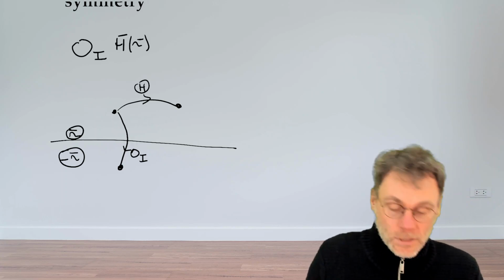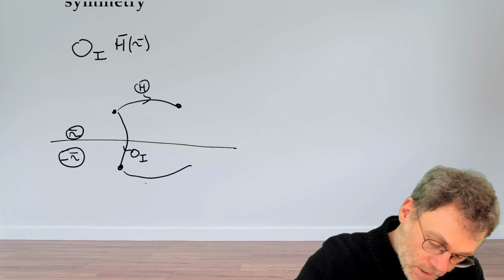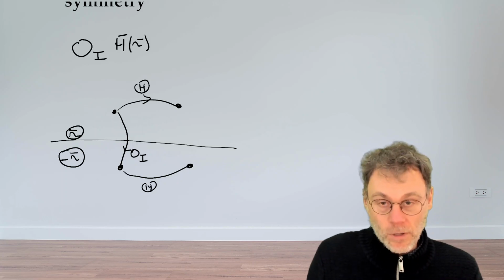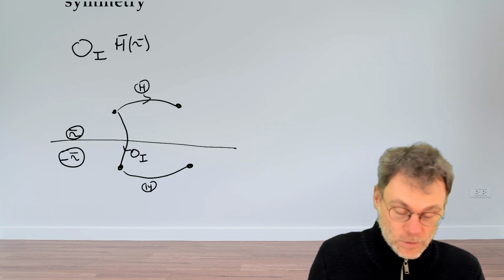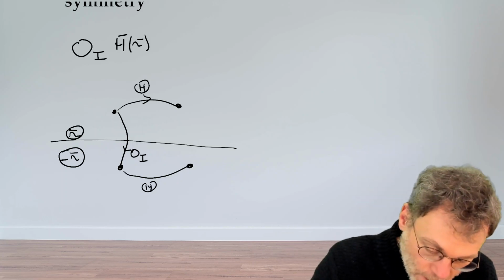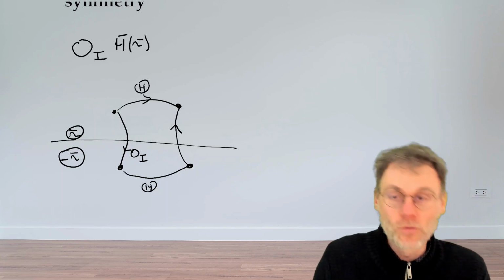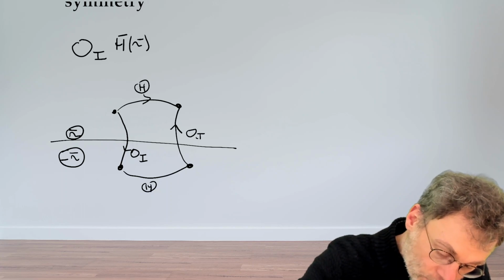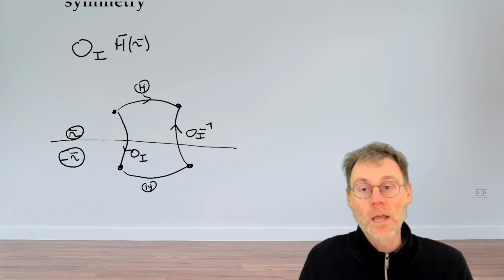And then we do the same thing. We operate with the theta operator. And then of course, because we want to be able to compare apples to apples and not to some other type of fruit, we want to go back to our original coordinate system, and that we do by applying this O I operator in reverse.